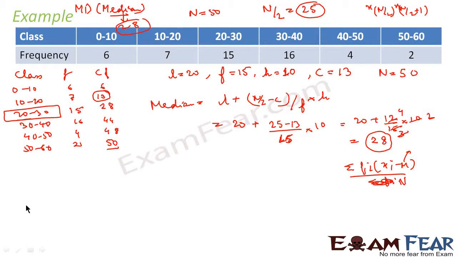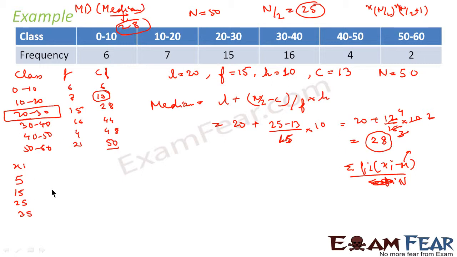Xi is nothing but the midpoint of these classes. Let's write once again. The class is 0 to 10. I'll create one more table. For this xi will be 0 plus 10 by 2, 5. Next, 10 plus 20 by 2, 15. Then 20 plus 30 by 2, 25. Then 30 plus 40 by 2, 35.